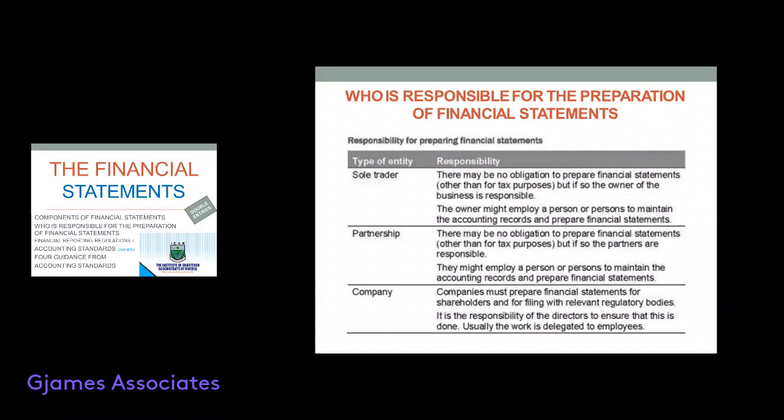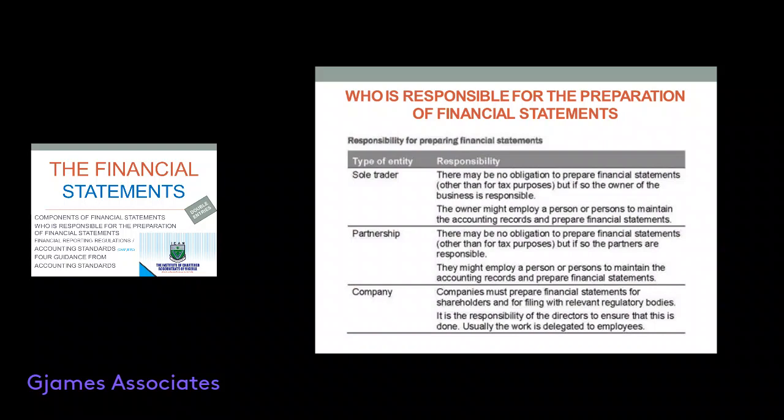So for a partnership also, which is not so far from a sole proprietor, there may be no obligation for them to prepare, because it's closer to sole proprietorship. But if so, the partners are responsible, just like the sole proprietors are responsible to themselves.